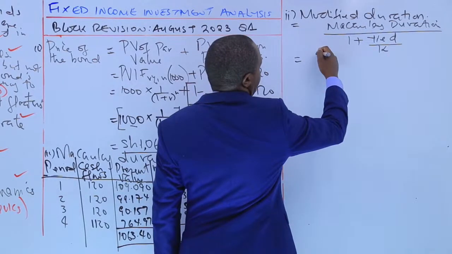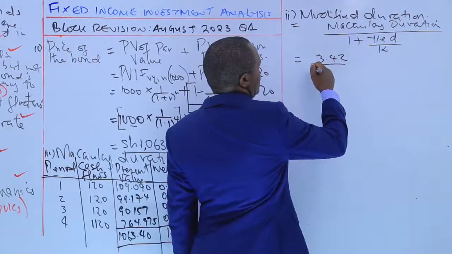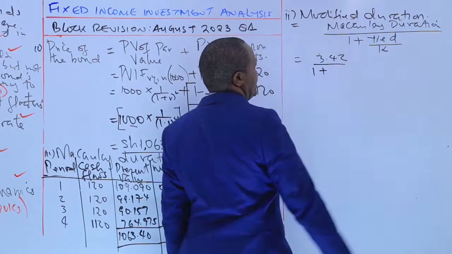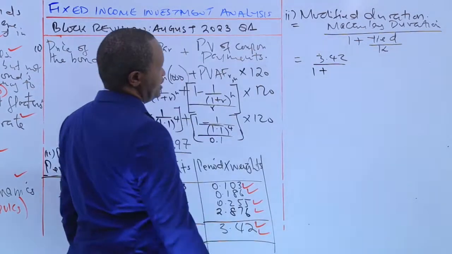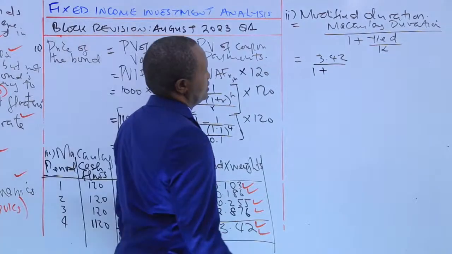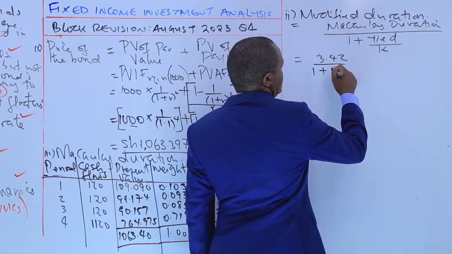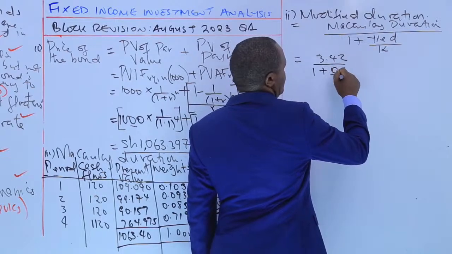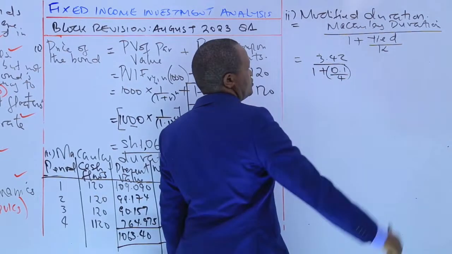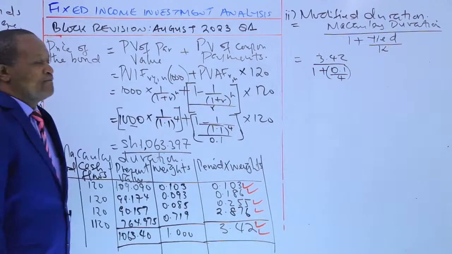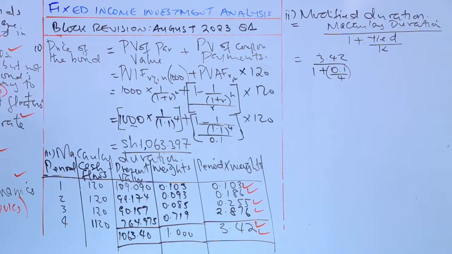And therefore, the modified duration will be equal to the 3.42, which we calculated in Roman 1, divided by 1 plus the yield. The yield is 10%, which is 0.1, divided by 4. K is the number of periods.